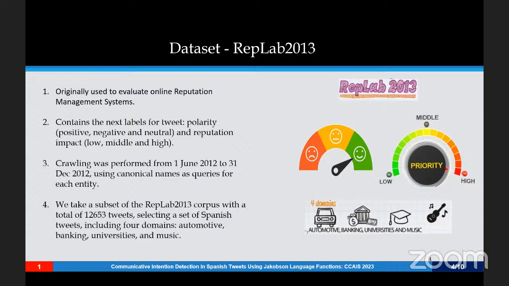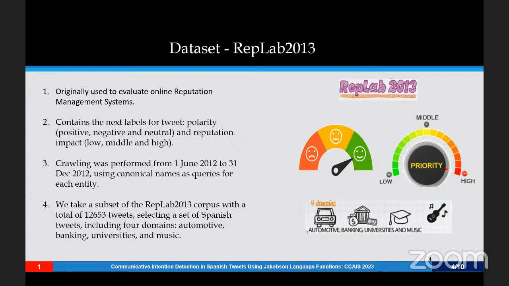As a third point, crawling was performed from 1 June 2012 to 31 December 2012, using canonical names as queries for each entity. Entities include automotive companies, banking companies, universities around the world, and music artists.